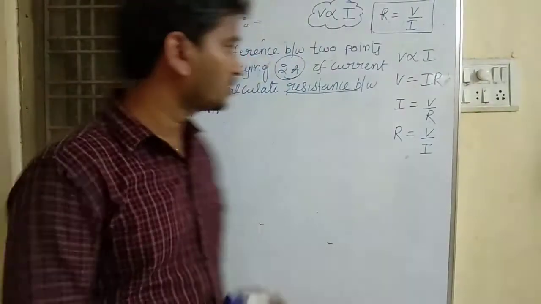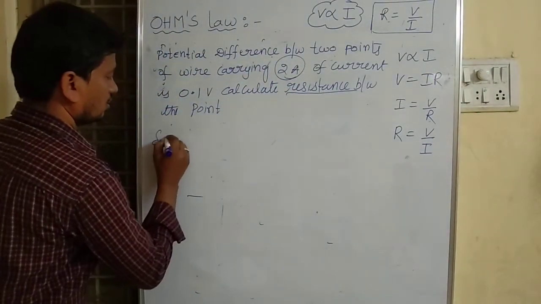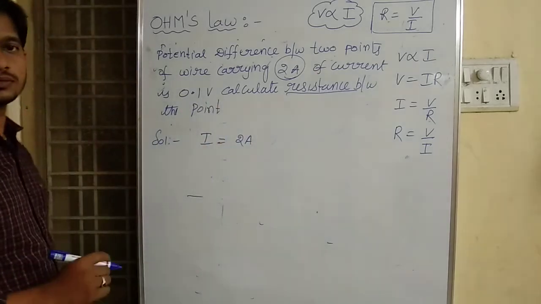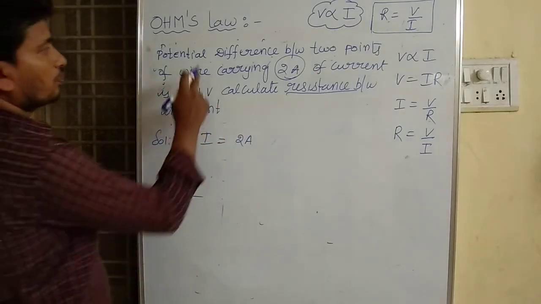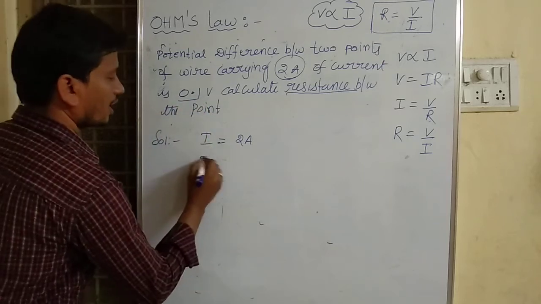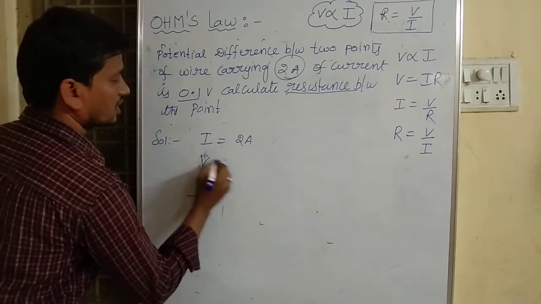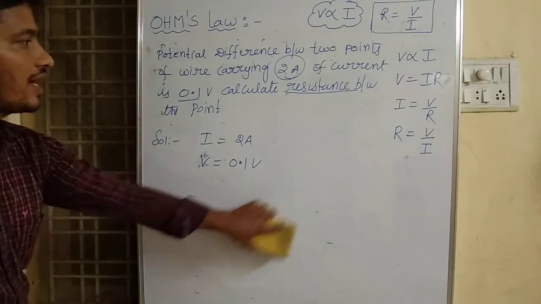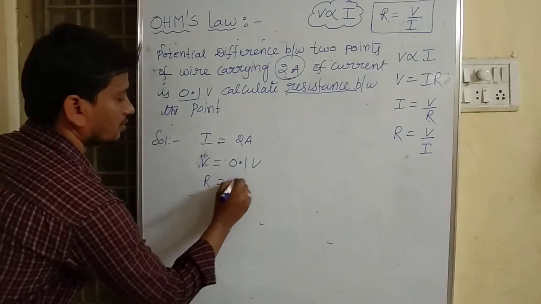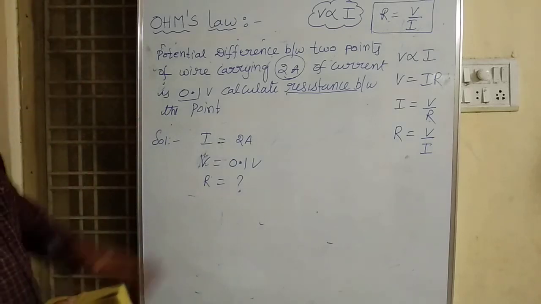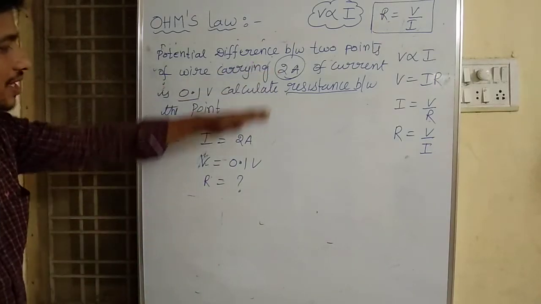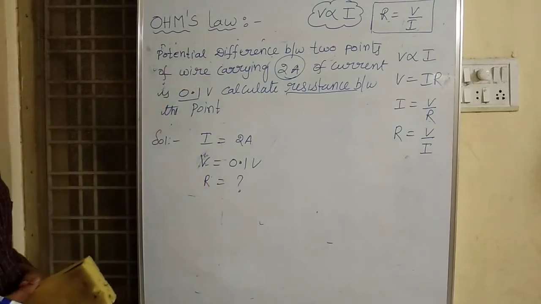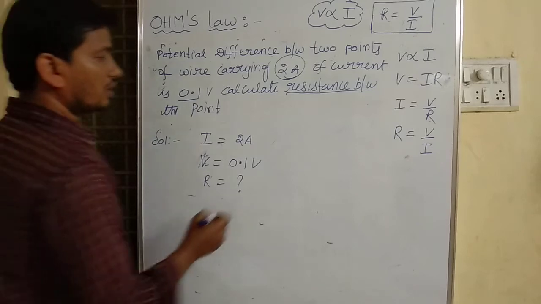Current is given, I equal to 2 amperes, and potential difference V is given as 0.1 volt. Now they are asking to find out R.